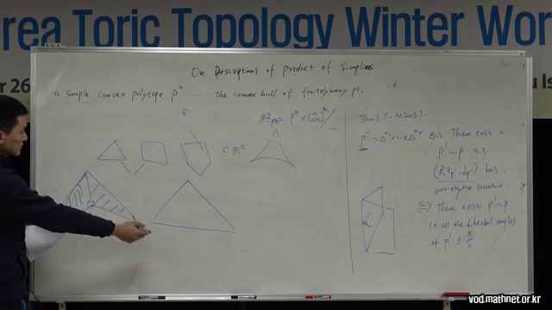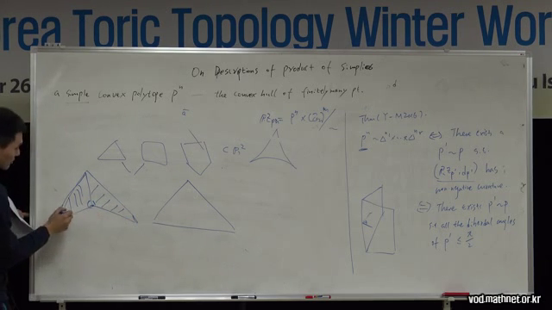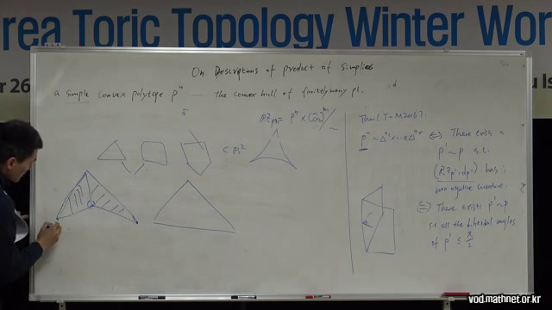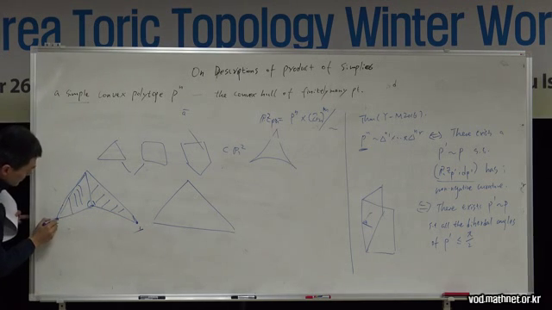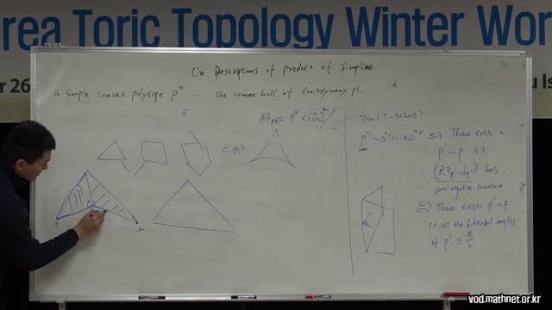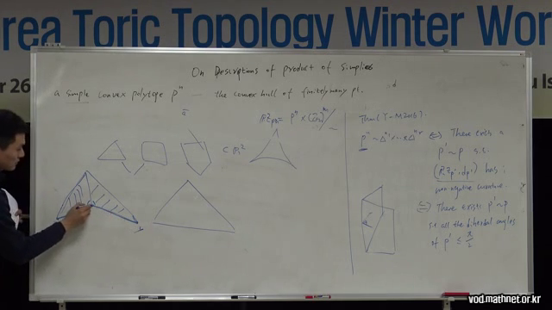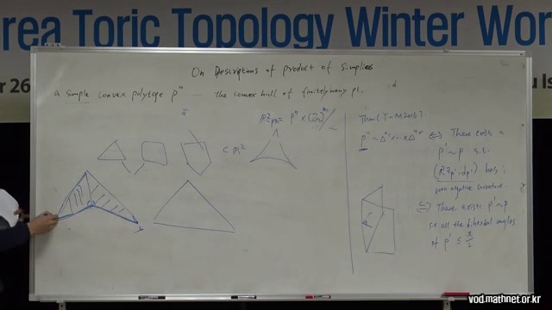Here in the quotient metric, this is x and this is y, and the geodesic would be like this, right?